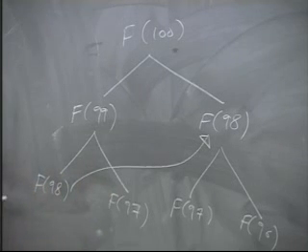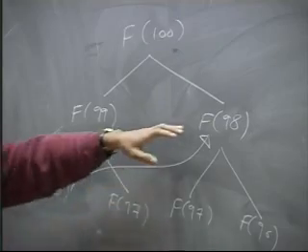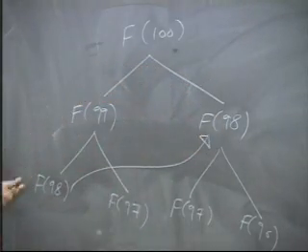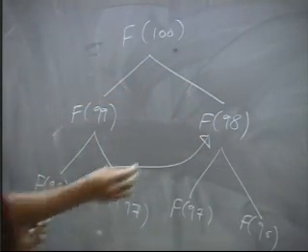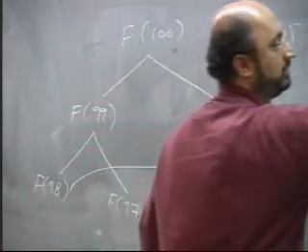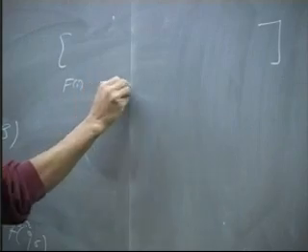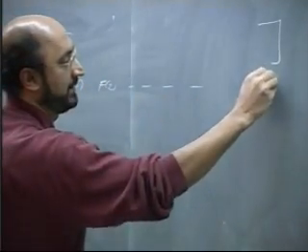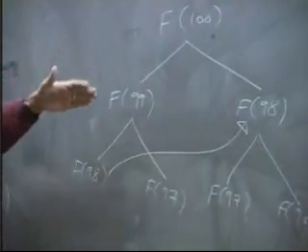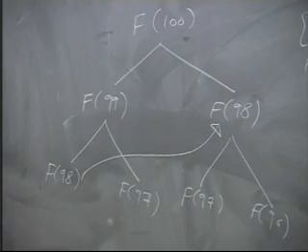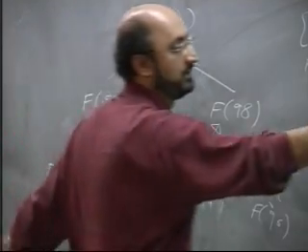And as I come back up, all these things that I need are already computed for me in the past. So what I need to do is just keep an array like this. I have over here F1, F2, all the way up to F99. So when I compute, let's say, F98 on my depth-first search, I'm going to enter F98 over here.